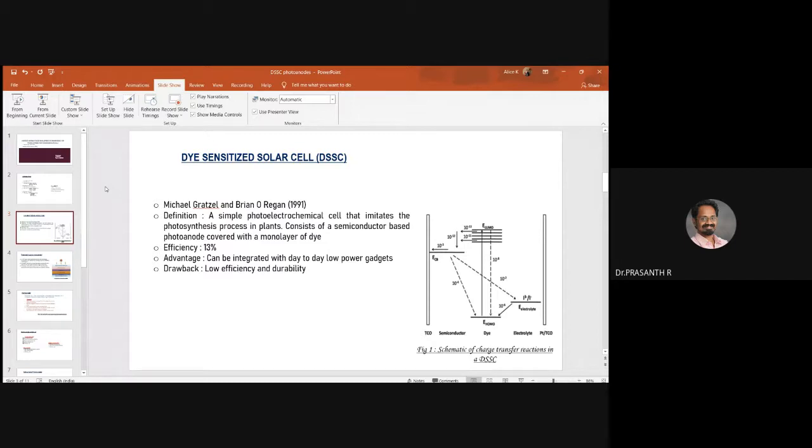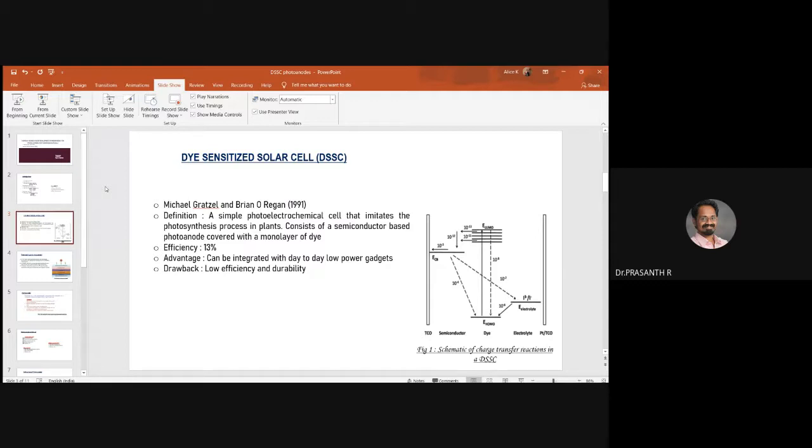So the dye catches photons of incoming light and uses its energy to excite electrons, behaving like chlorophyll in photosynthesis. The dye injects these electrons into titanium dioxide. The electrons are then conducted away by nanocrystalline titanium dioxide. The electrolyte, which is the iodide species, closes the cycle so that electrons are returned back to the dye.